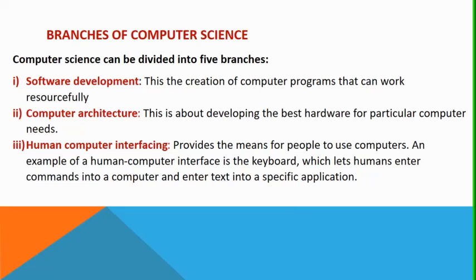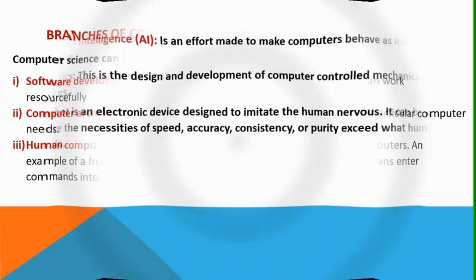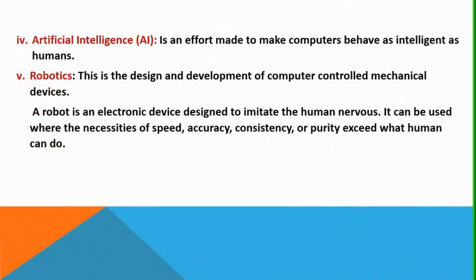Human-computer interfacing is about providing the means for people to use computers. Artificial intelligence is an effort made to make computers behave as intelligently as humans. Robotics is the design and development of computer-controlled mechanical devices.